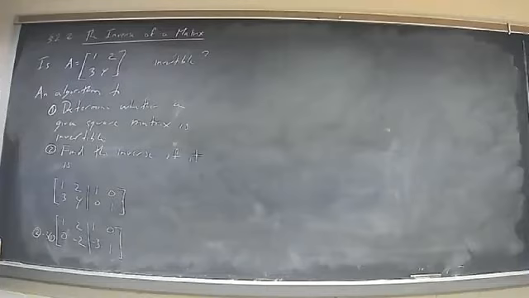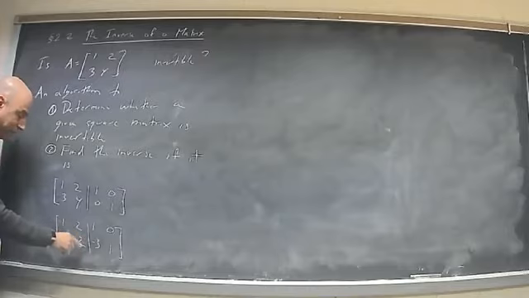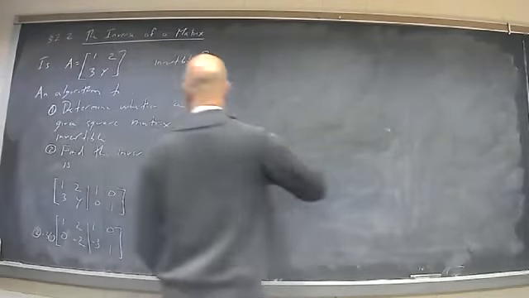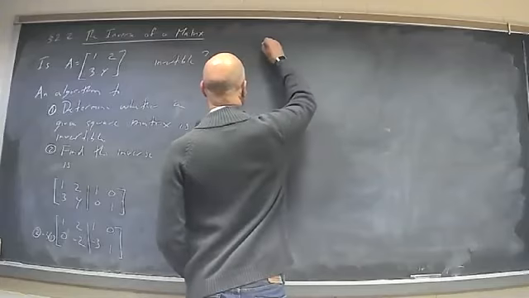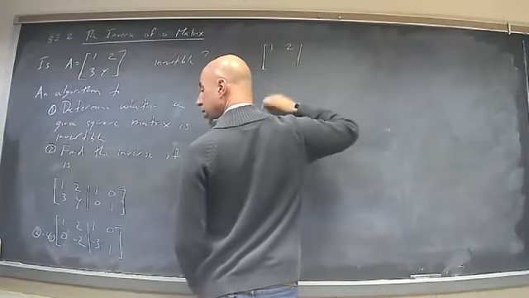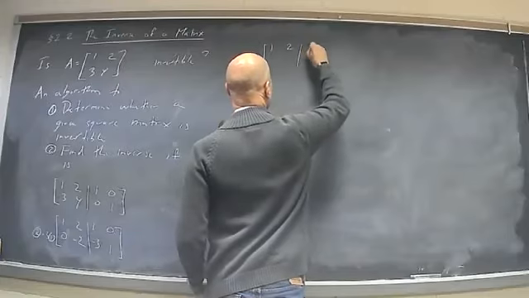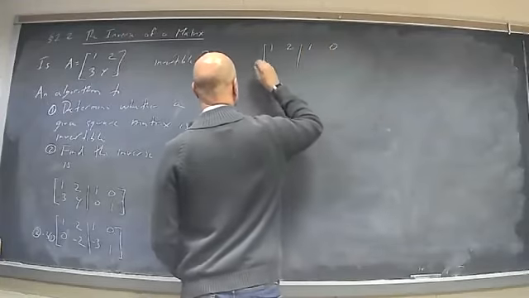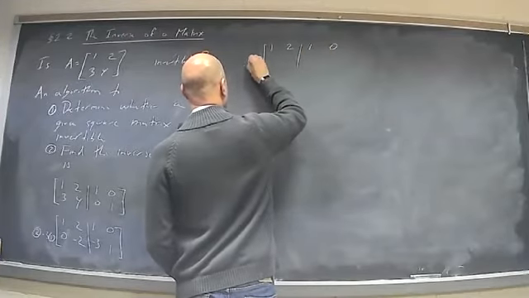We can continue this process. We want to get a 1 here now. So I'm going to multiply the second row by negative 1/2. I'll leave the first row alone, 1, 2, vertical bar, 1, 0. I'm going to take the second row and multiply it by negative 1/2.